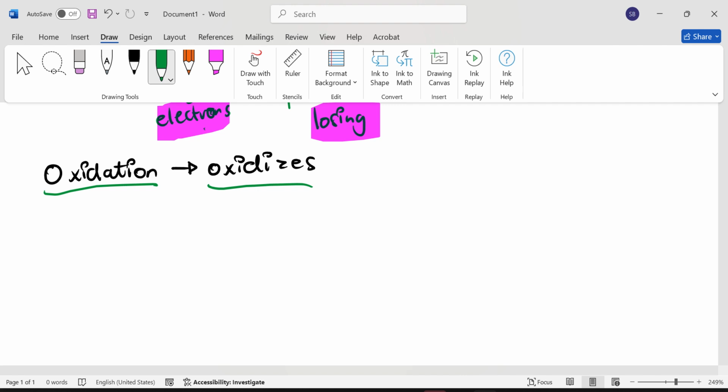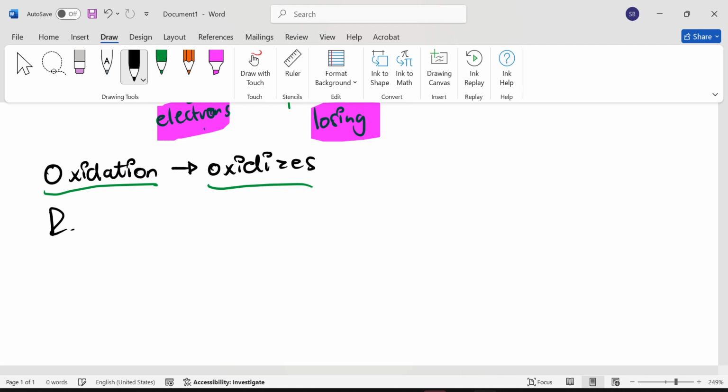So when they ask you in the exam why we say magnesium oxidizes, you tell them it undergoes oxidation, that is, it loses electrons or it increases in oxidation number, depending on the given question.